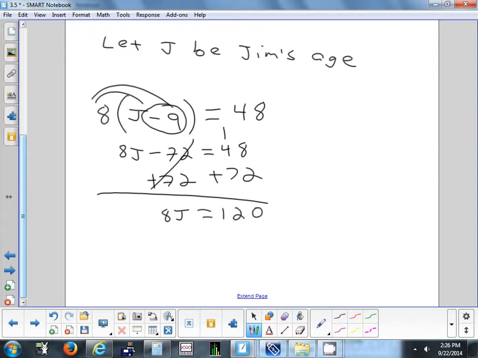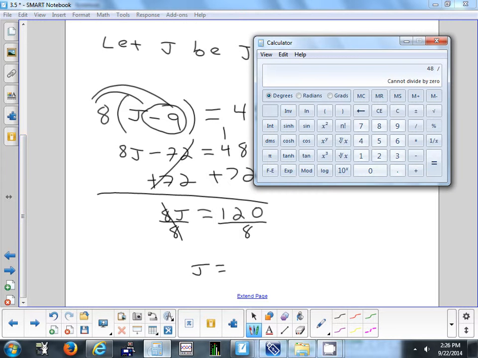What do we have to do? Divide by 8. He could be. In this case, he's not, though. 120 divided by 8. Let's just use our calculator. 15. So Jim is 15. That's his age. Any questions on that?